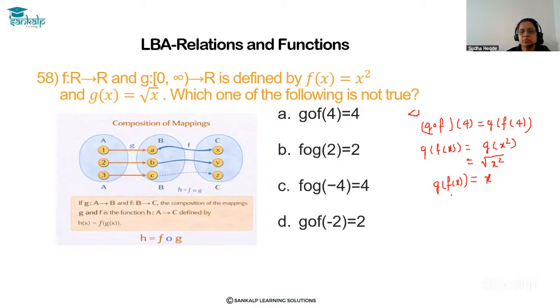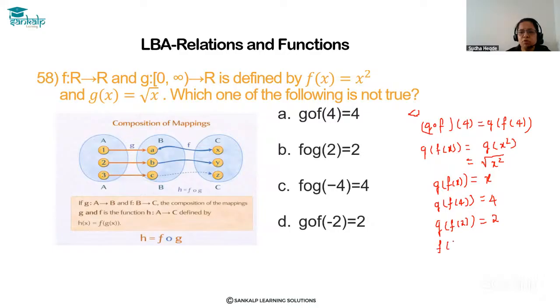So which option is correct? g of f of 4 is 4 only. g of f of 2 must be 2 only. For positive, you need not think, you can write directly. But for negative, you need to think, because root x is there. Inside root, you cannot take negative.